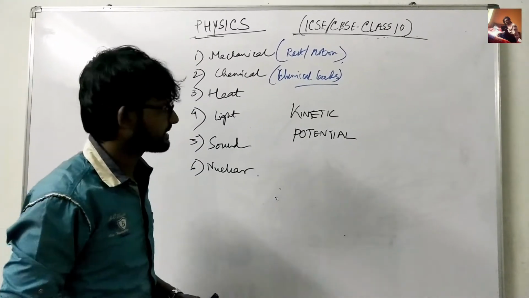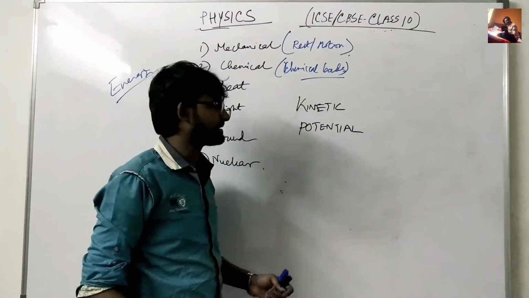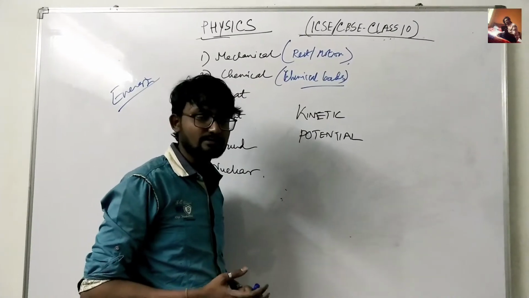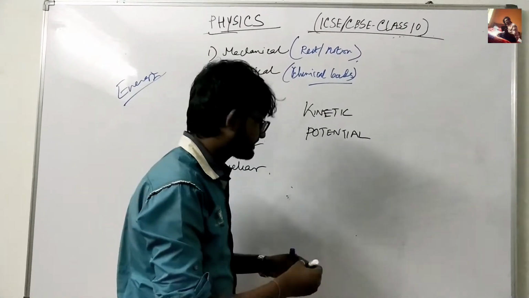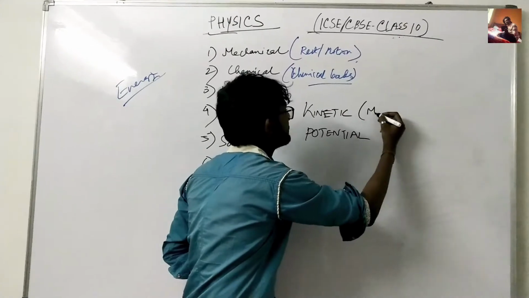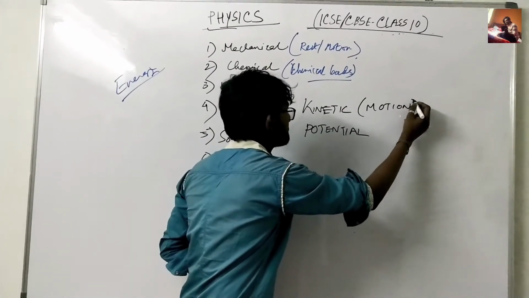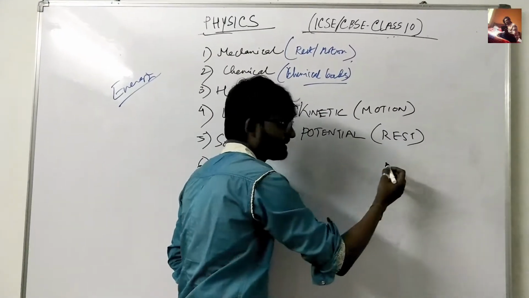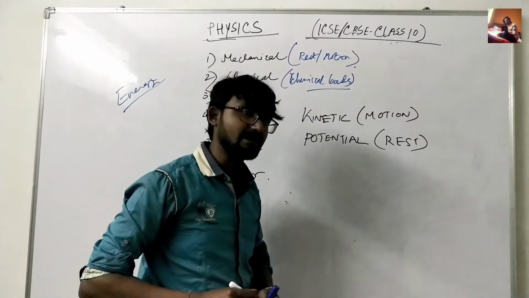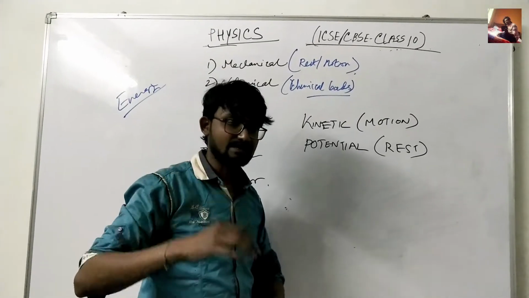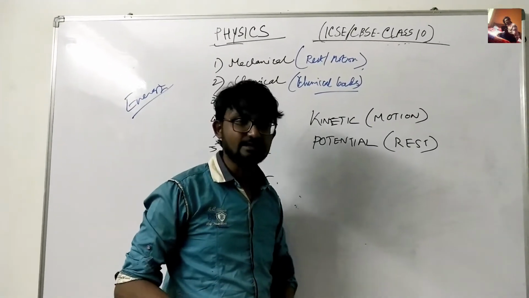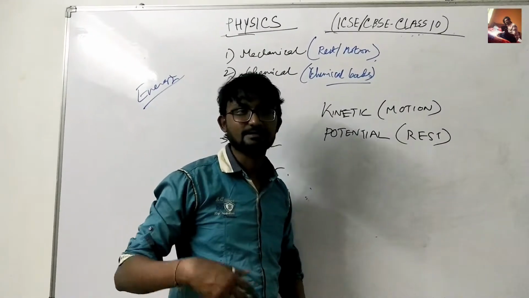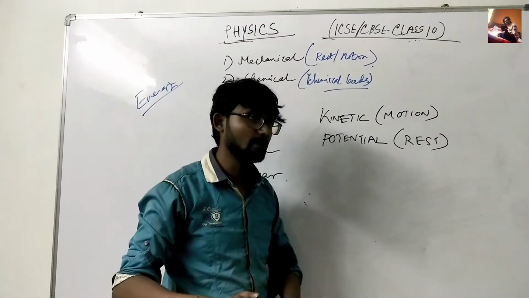And the two main parts are kinetic energy and potential energy. Kinetic energy is the energy of a body when it is in motion, so related to motion. And potential energy is when a body is at rest. It may be at sea level or it may be at a height. Suppose I'm standing over here at a certain height, or you are on a mountain at a certain height but at rest.